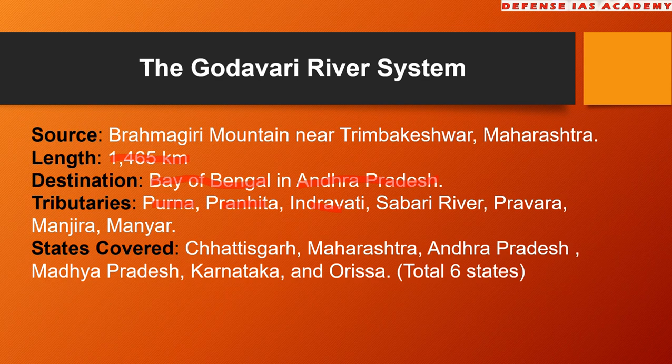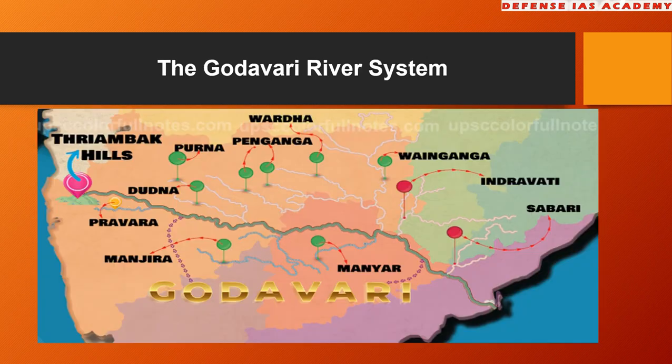Destination is the Bay of Bengal through Andhra Pradesh, and the tributaries are Purna, Pranhita, Indravati, Sabari river, Pravara, and Manjira. And the states covered are Chhattisgarh, Maharashtra, Andhra Pradesh, Madhya Pradesh, Karnataka, and Orissa. Totally a count of 6 states.